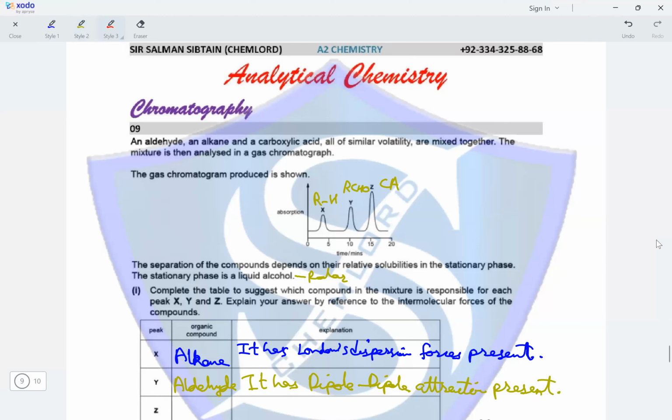And the one that would come out the last would be the carboxylic acid, because a carboxylic acid would have hydrogen bonding present, and it would be the strongest intermolecular force of the three compounds.